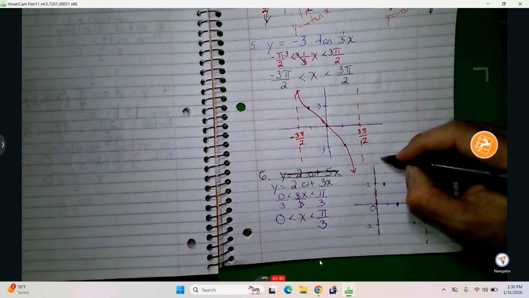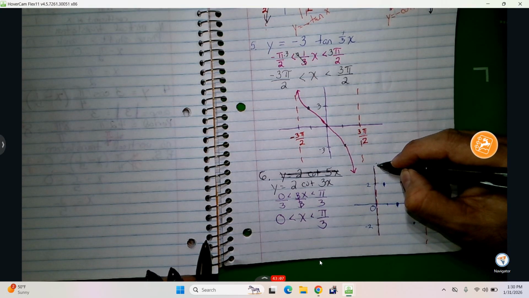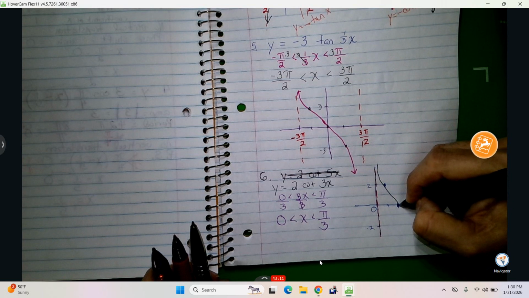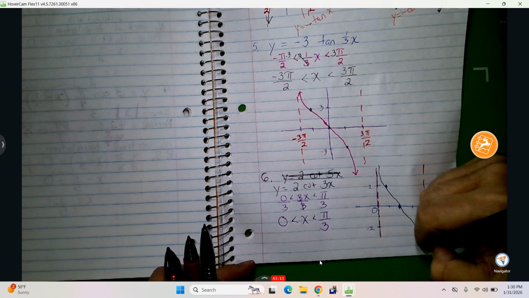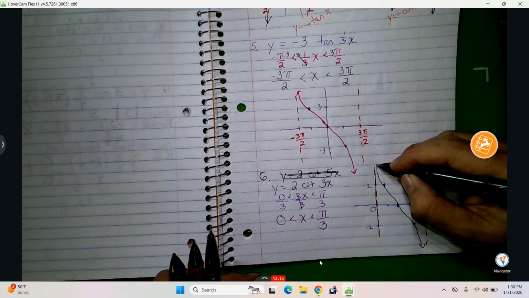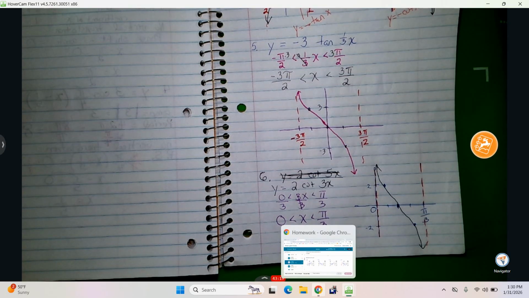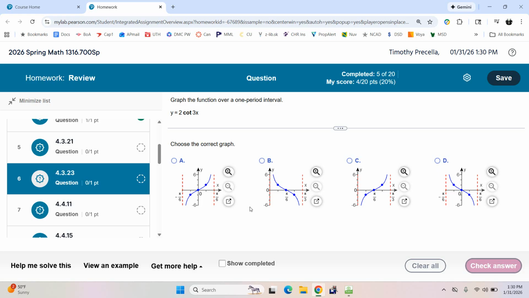And now let's see. Down. I didn't get the curvature good there, but okay. It's got to have it good enough to choose which one it is.